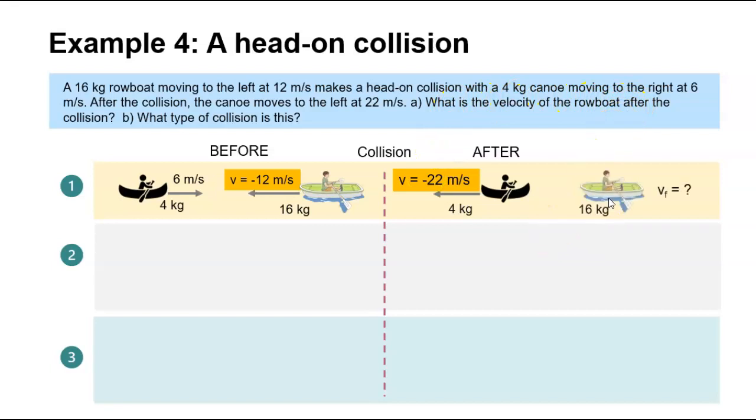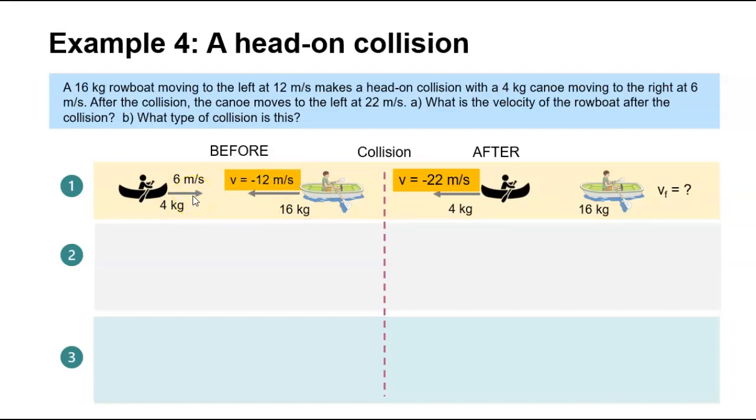So I'm going to draw a rowboat, and I know the rowboat is 16, but I didn't put an arrow on the rowboat because I really don't know what direction it's going to go. Let's think about this for a minute. Could this happen in real life? We got a boat. It's more massive than the canoe, and it's going faster than the canoe. So this boat has more momentum than the canoe, so it's going to smash into the canoe.